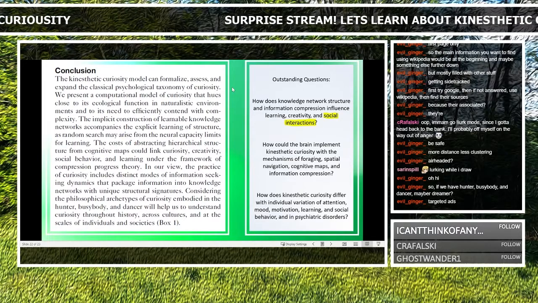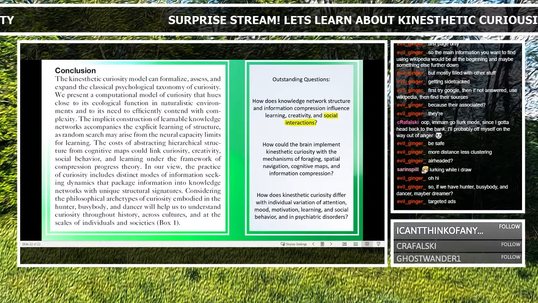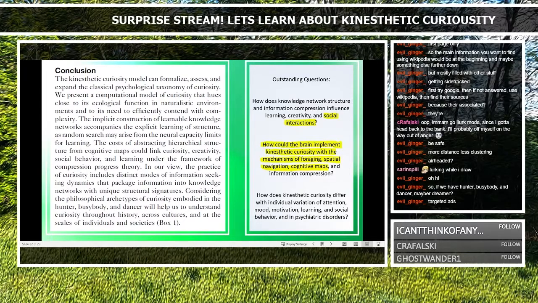The next aspect is how could the brain implement kinesthetic curiosity with mechanisms of foraging, spatial navigation, cognitive maps, and information compression. With my past work, this is something I would be super interested in because I've done foraging work and spatial navigation.